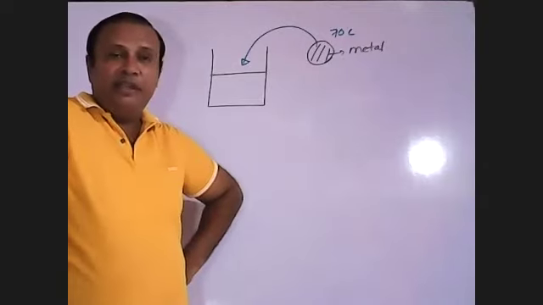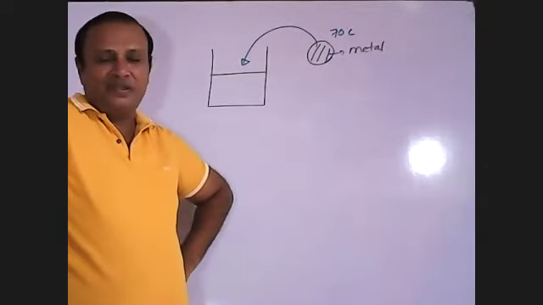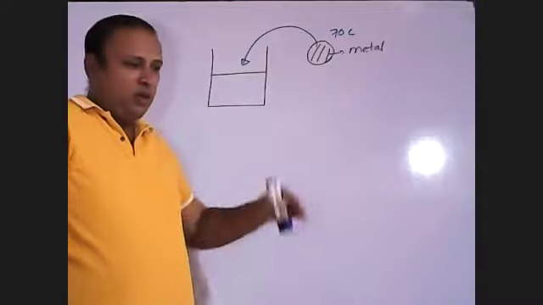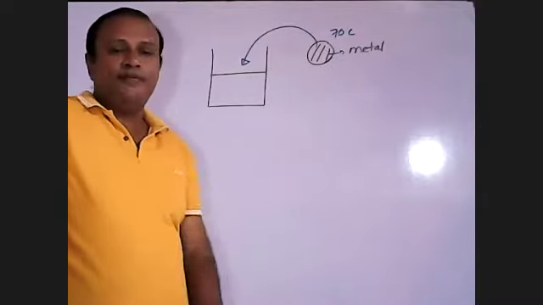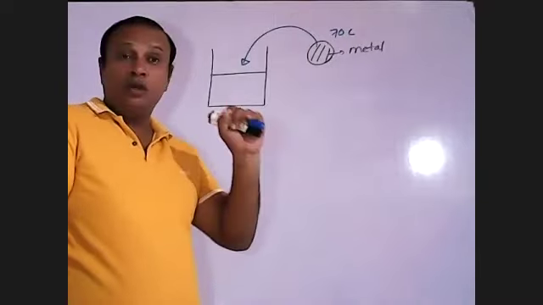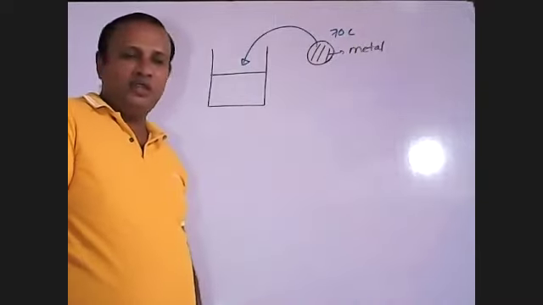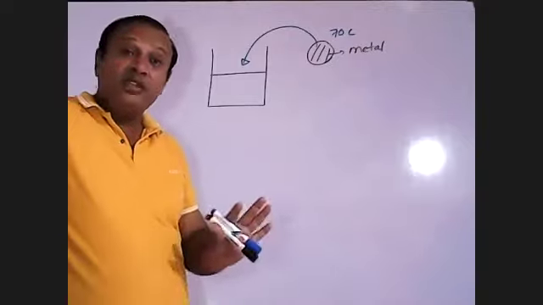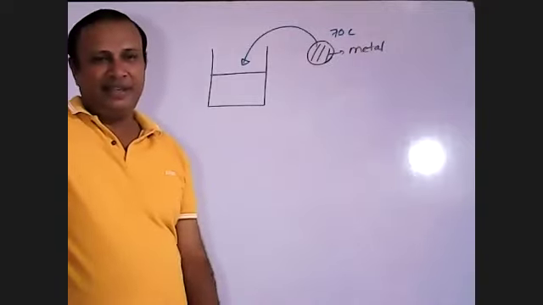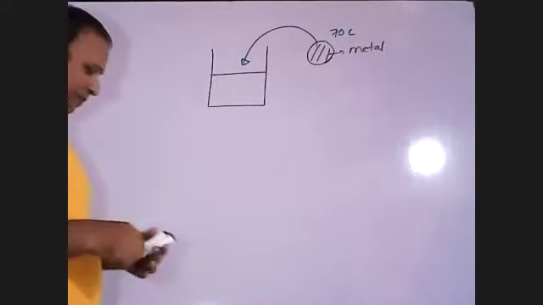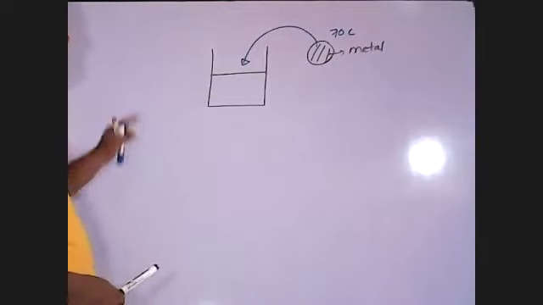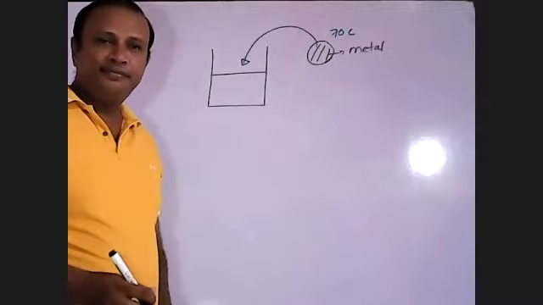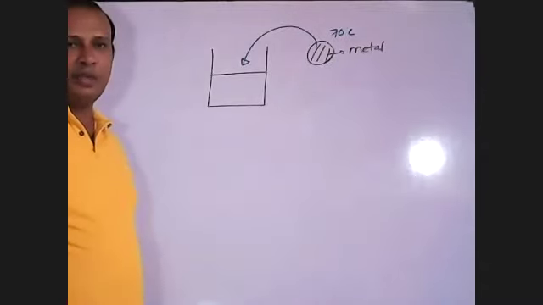So the concept behind that is the heat transferring method. The heat lost by a higher temperature material is equal to the heat gained by the lower temperature material, if there is no heat loss to the surrounding. So the concept behind this practical is this.